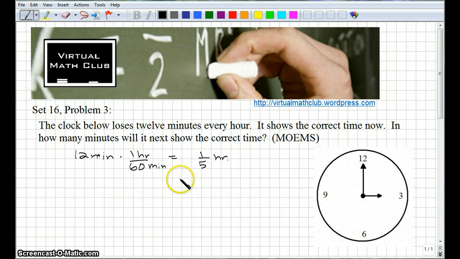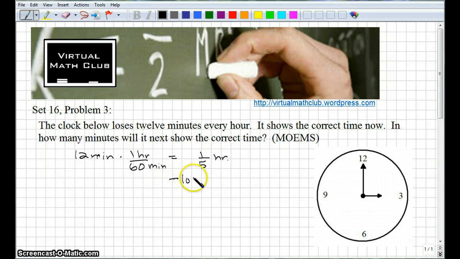So that gives us some information because we might be interested in knowing how long does it take for it to lose a full hour. Well, if it loses 1/5 of an hour in 1 hour, how long is it going to take to lose a full hour? Well, it's going to take 5 hours, right? Because 5 times 1/5 is 1. So I'm just going to write that down.